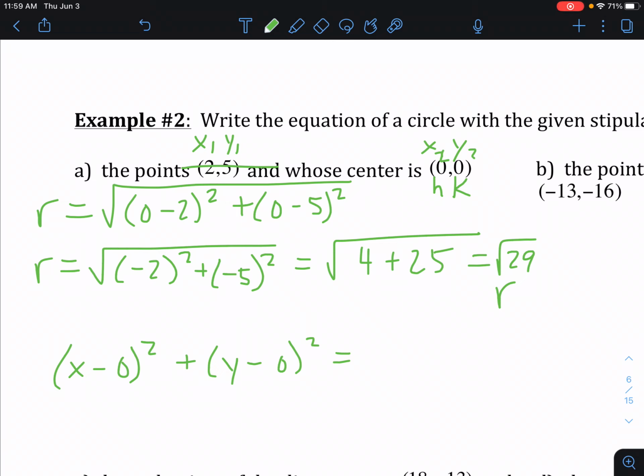Remember the zeros, don't put them, so we'll just put x squared plus y squared. And then the square root of 29, we have to square that to put it in the formula. Square root of 29 times the square root of 29, the radicals cancel, and it's literally just the number 29. Do not carry down the radical with it.